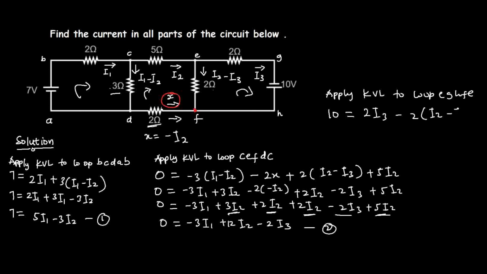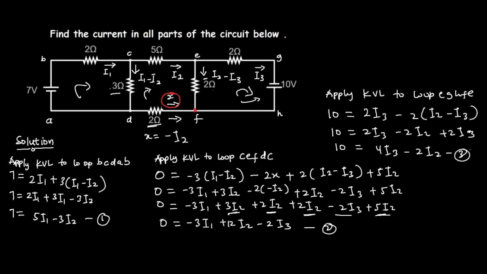I2 minus what? I3. This is because this current here will move the direction opposite to this general direction that we chose here. Okay, so simplifying this, you have what? 10 equals what? 2I3 minus 2I2 plus 2I3. So this will give us 10 equals 4I3 minus what? 2I2. Let's name this equation 3.